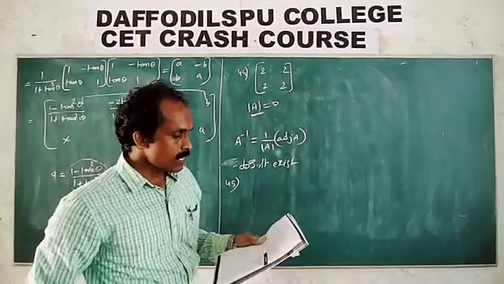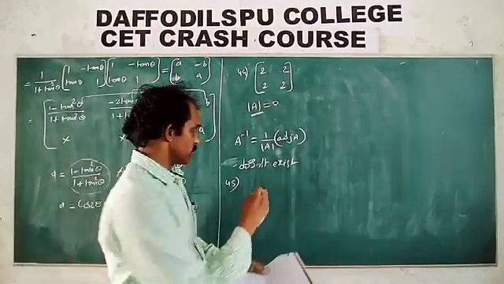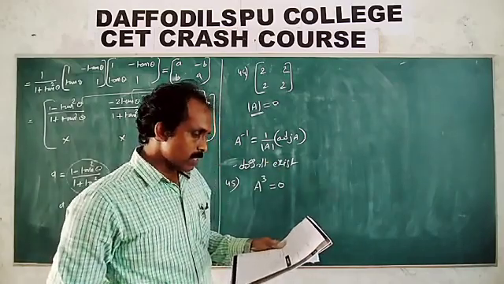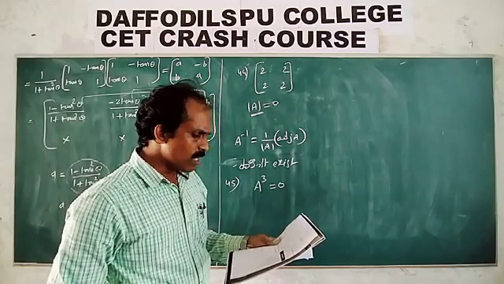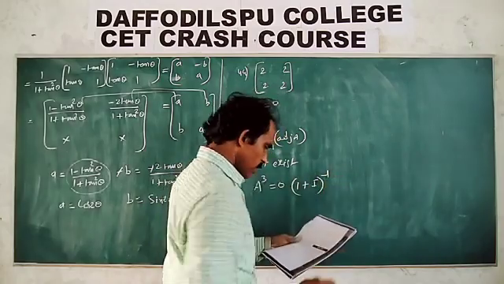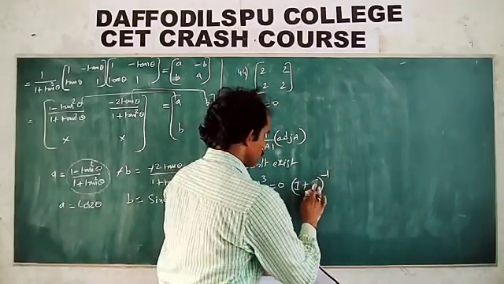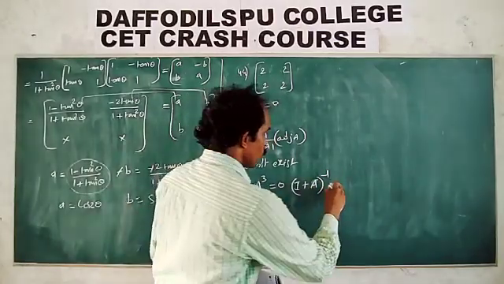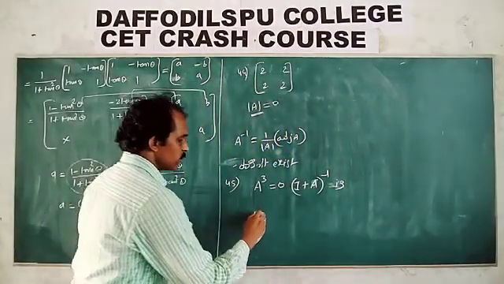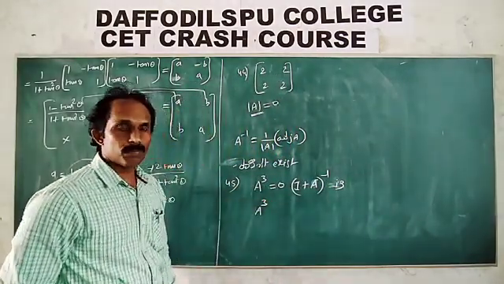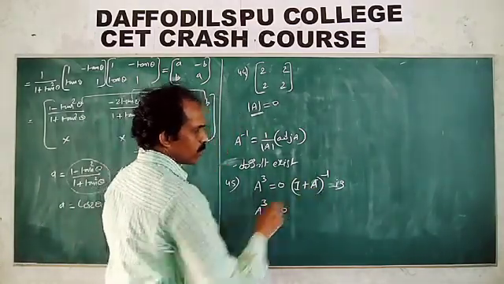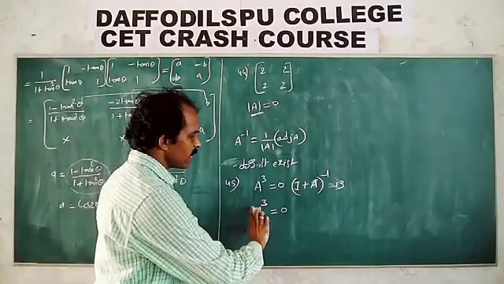Question 45. If A is a square matrix such that A cube is equal to 0, then I plus A whole inverse is equal to what? Take A cube equal to 0 and add I on both sides.